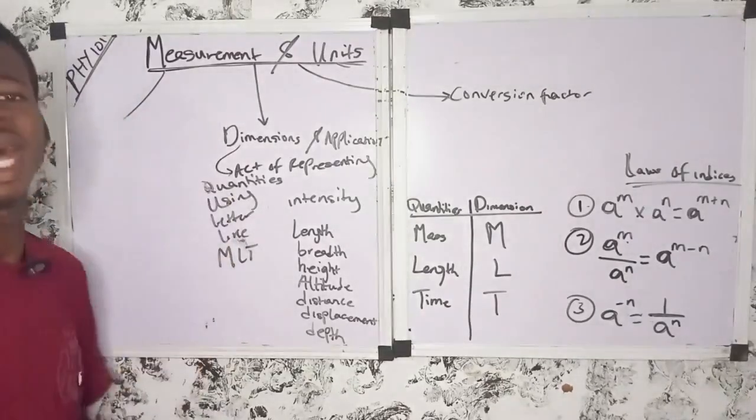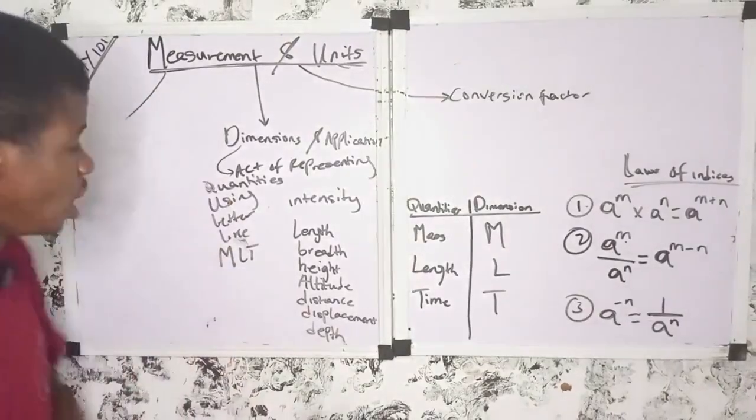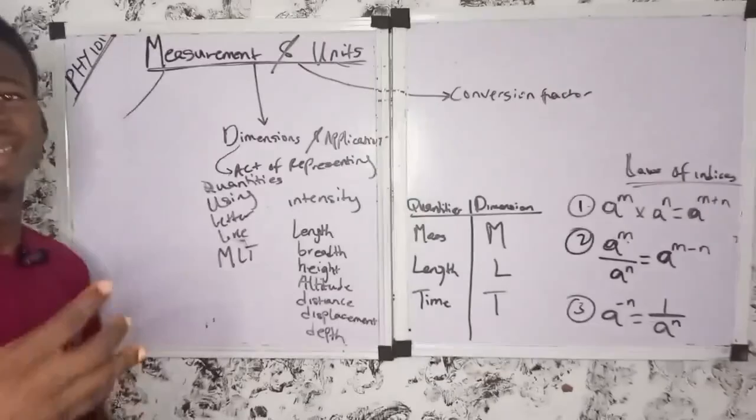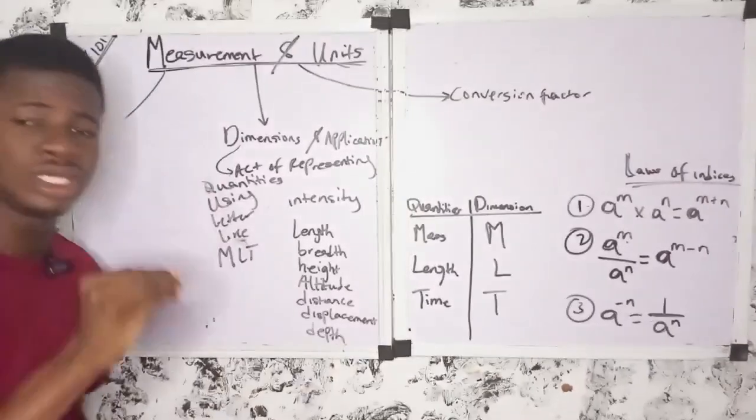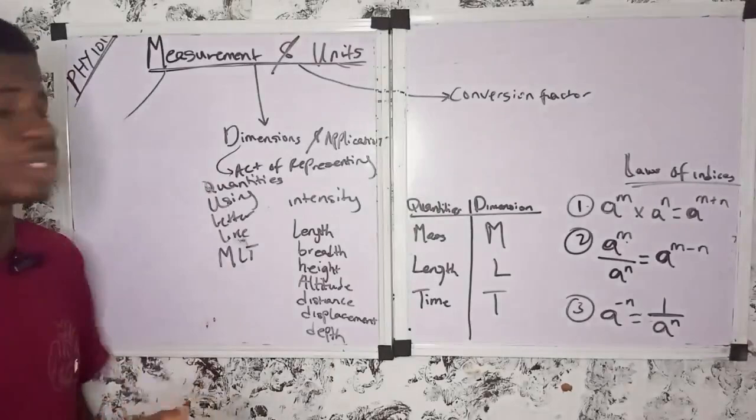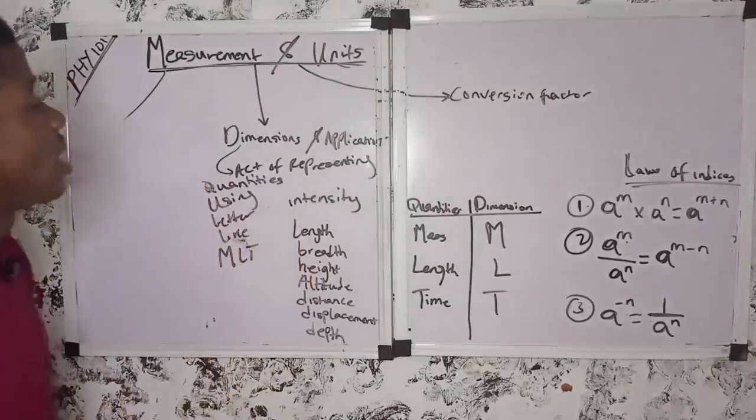Dimension is just the art of representing quantity using M, L, T. That process is known as dimension.